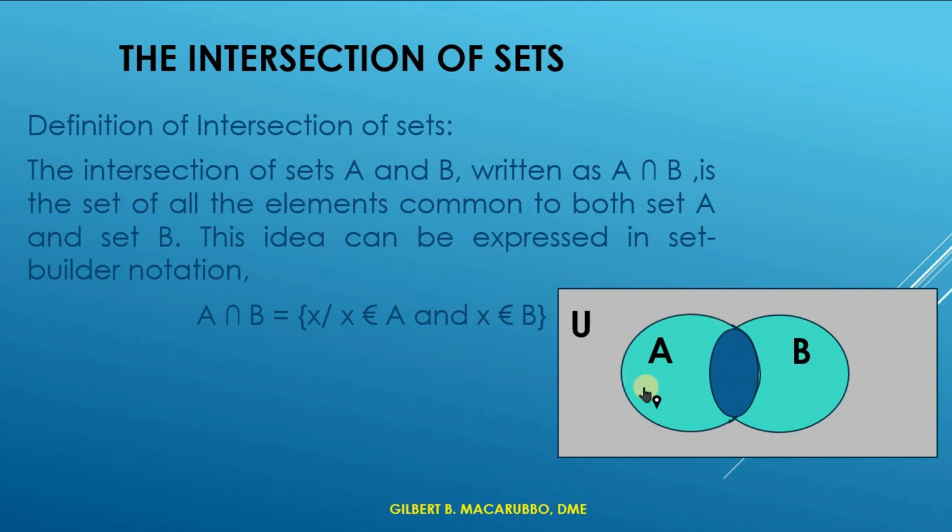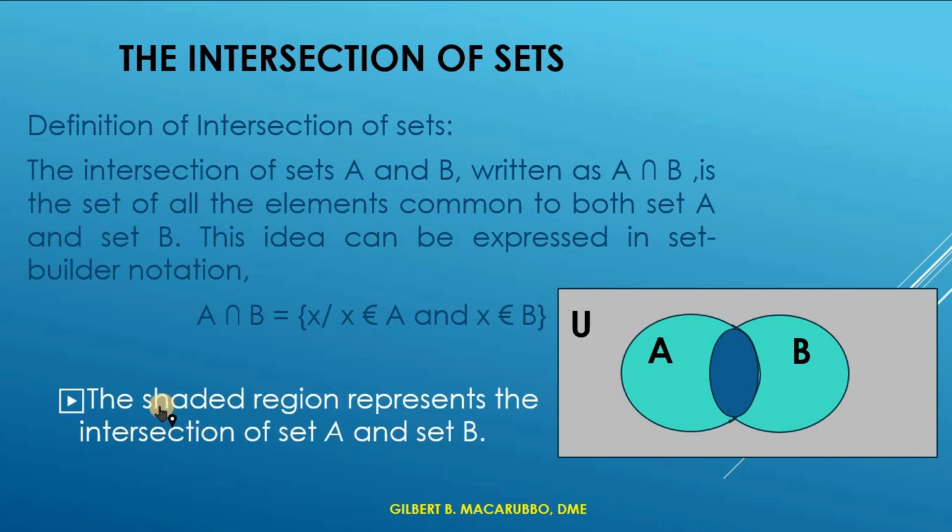So makikita natin, this is set A, set B, then the intersection is this one, itong may shade. Okay, yan yung kanyang intersection. The shaded region represents the intersection of set A and set B.